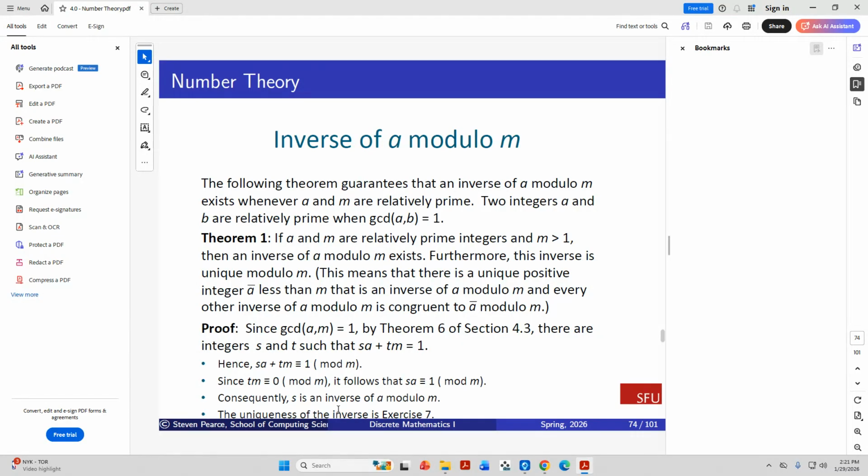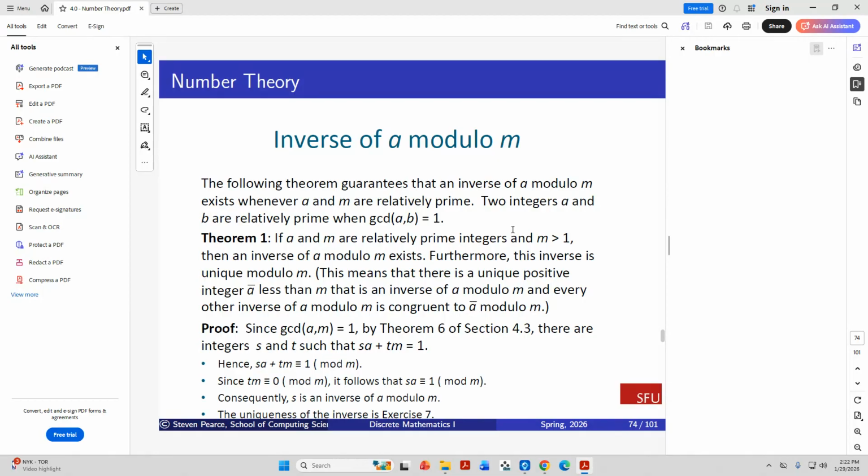Consequently, s is an inverse of a modulo m. And exercise 7 proves the uniqueness. This is simply how you prove theorem 1: if a and m are relatively prime, then an inverse of a modulo m exists. So the requisite is relative primality. That's the takeaway from this.